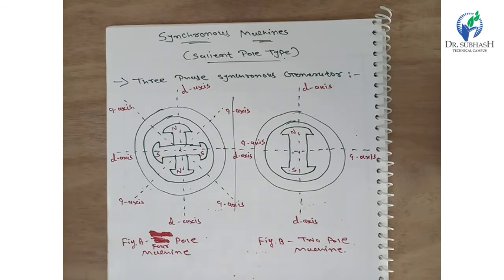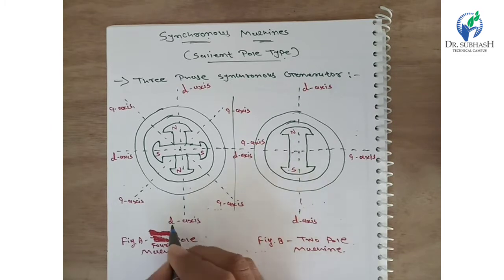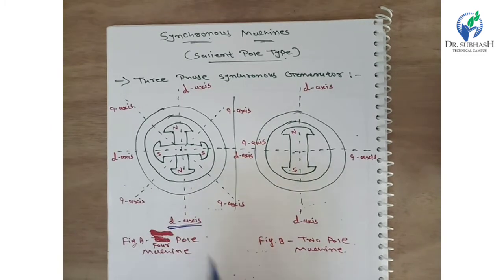The axis of symmetry of the magnetic pole of the rotor is known as the direct axis, the D axis. Here I repeat, the axis of symmetry of the magnetic pole of the rotor is known as the D axis.